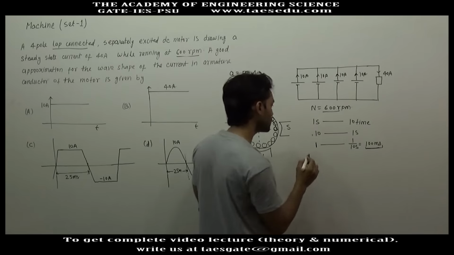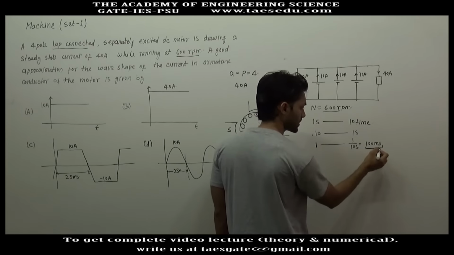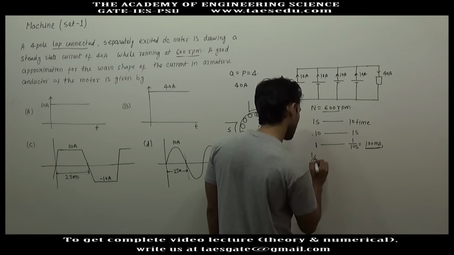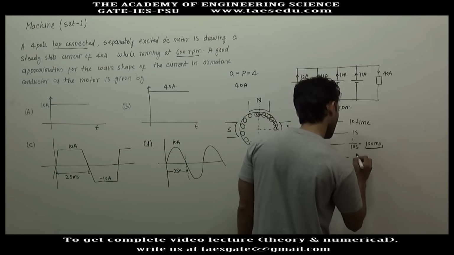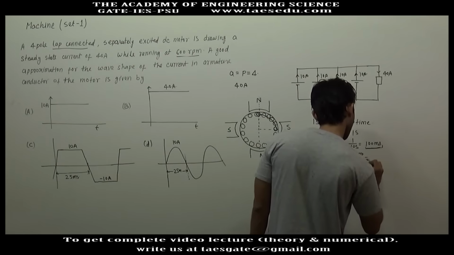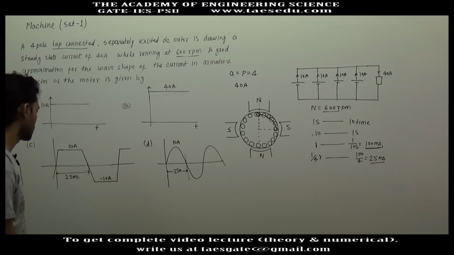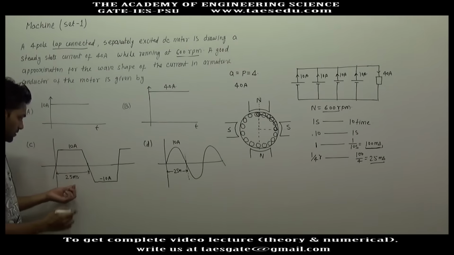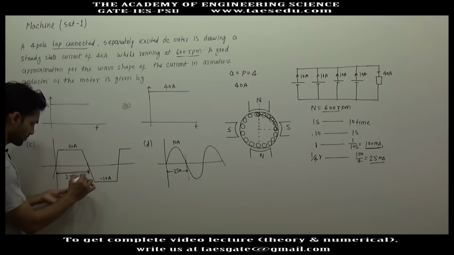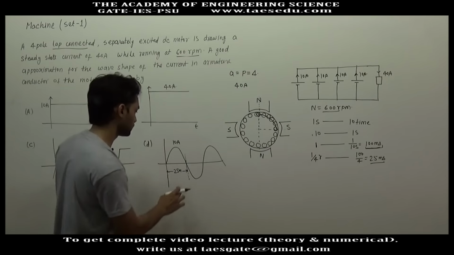In one complete rotation it takes 100 millisecond, so in 1/4 rotation it will take 100 by 4, 25 millisecond. So that's why the time 25 millisecond is mentioned here.